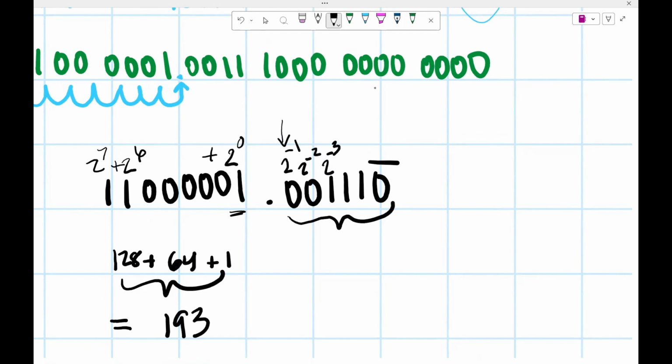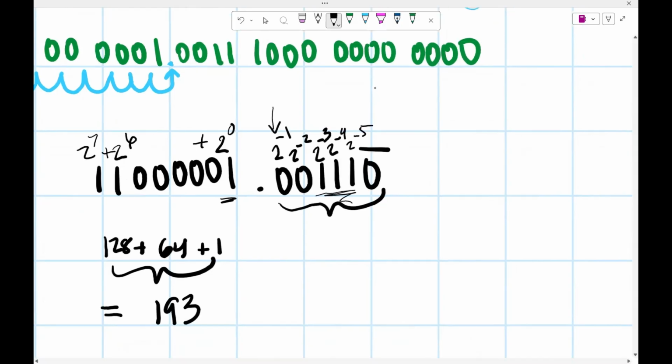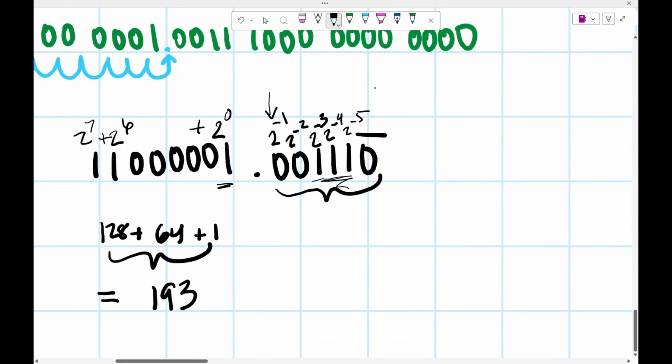And then 2 to the power of -3, I think that's 0.15. Oh no, sorry, that's 0.125. It's a fraction. And then this would be to the power of 4 and then to the power of 5. And remember, we're only looking at where the ones are. So this would be equivalent to saying 2 to the negative power of 3 plus 2 to the negative power of 4 plus 2 to the negative power of 5.